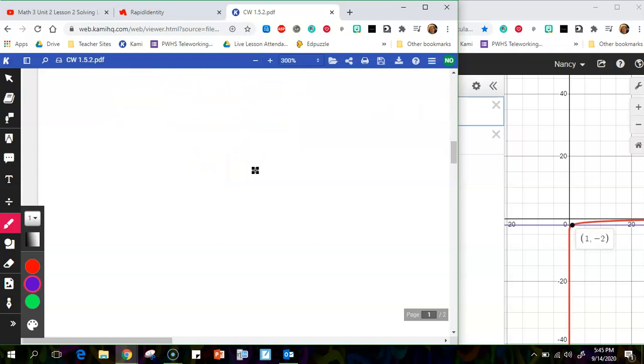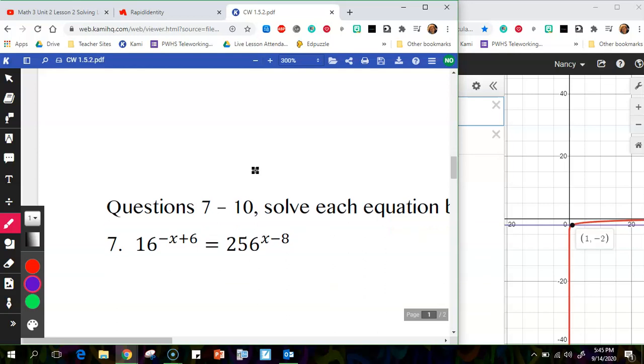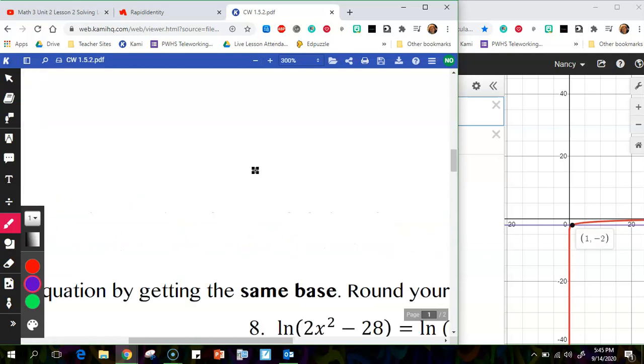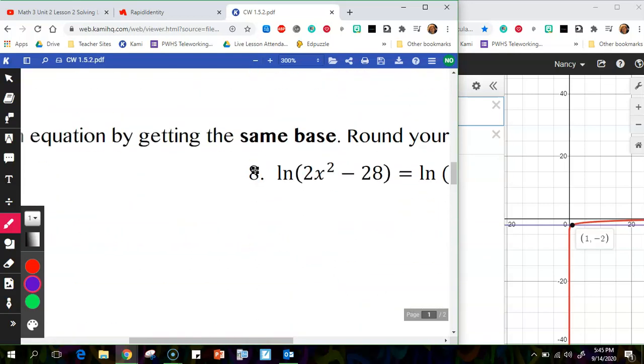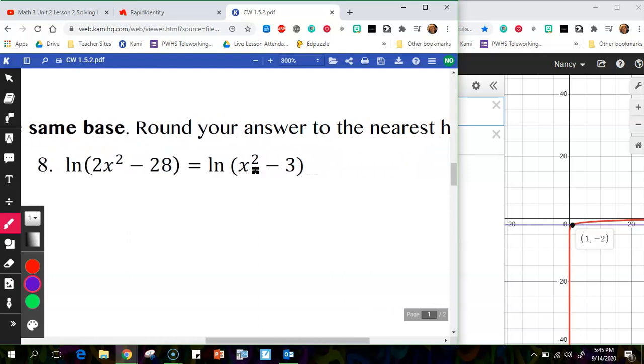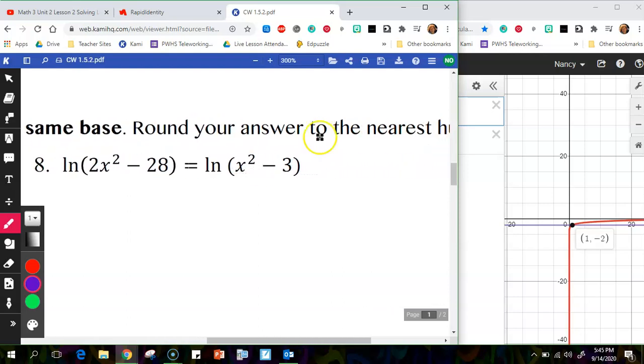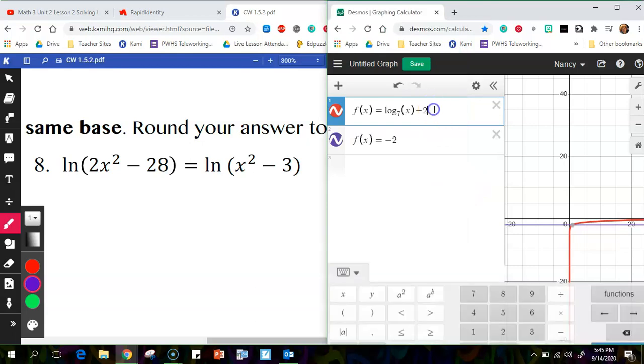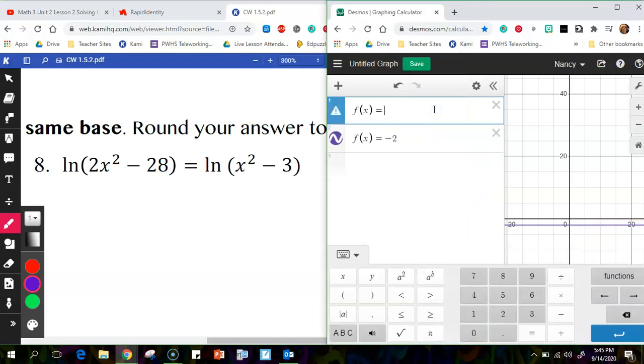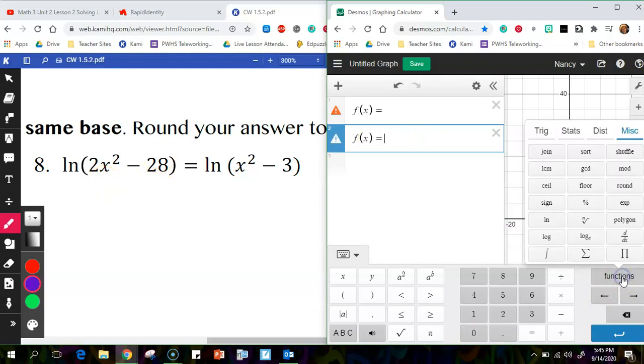Okay, let's do one that's maybe a little bit, let's look for another, oh, here's a good one, number 8. This is a natural log, but it's on Desmos too, so it's actually pretty easy. So let's back out of these. Okay, so both of these are natural logs. So let's go back to Functions, Miscellaneous, we're there. Here's the natural log right here, so just hit ln.